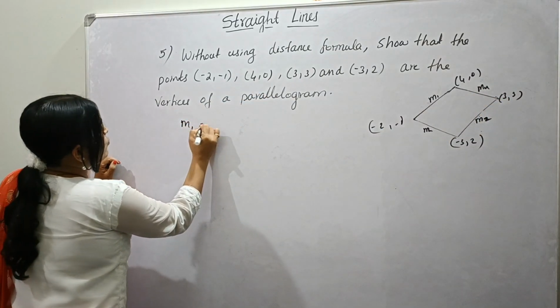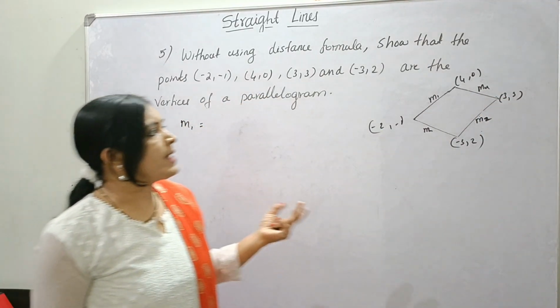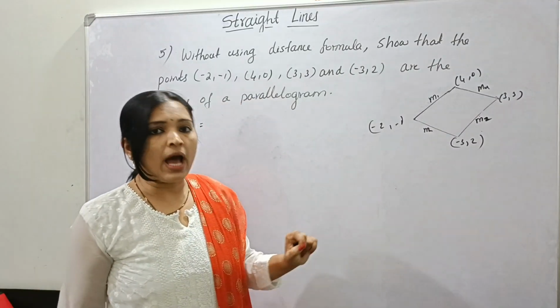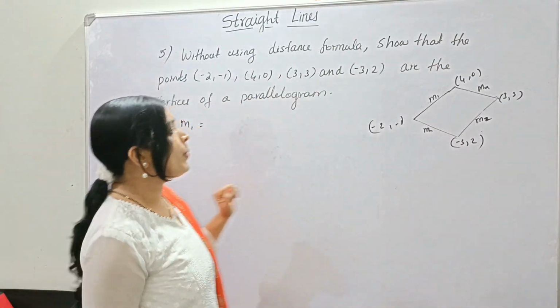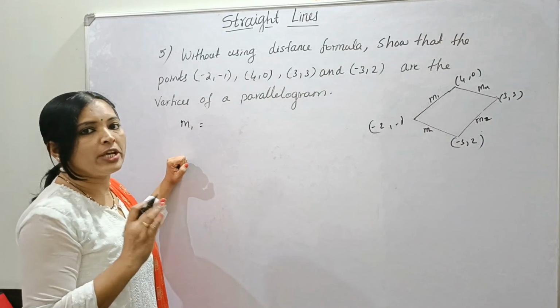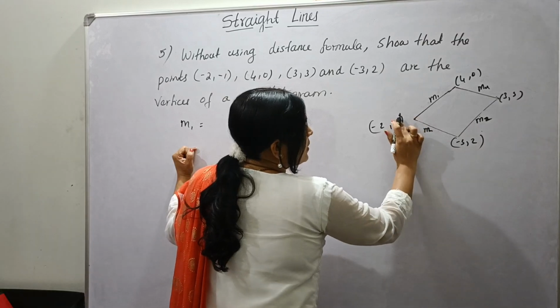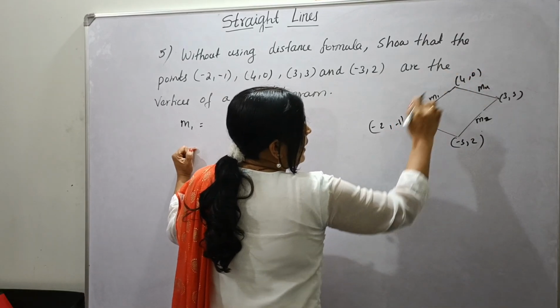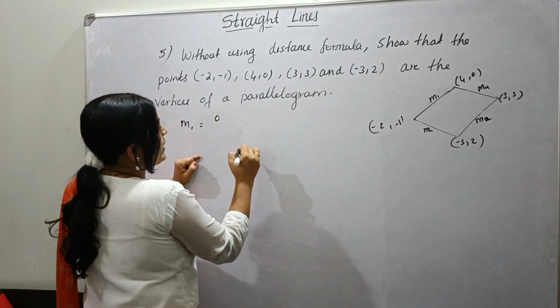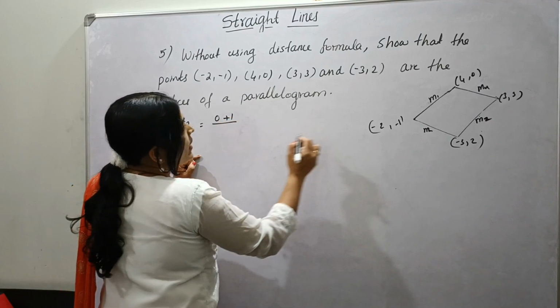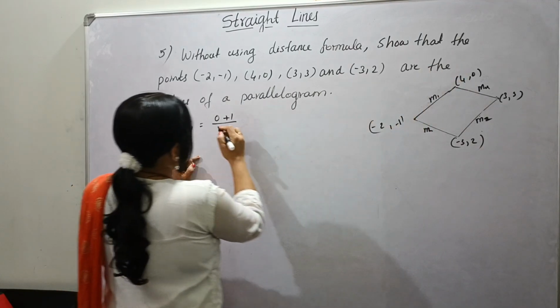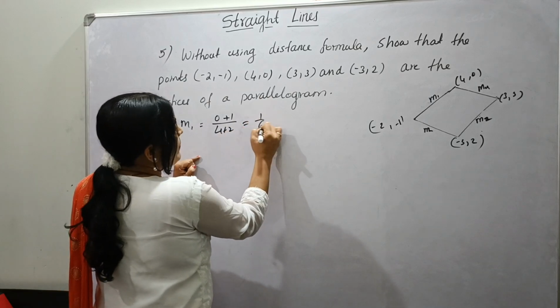So let us find m1. If 2 points on the line are given, then what is the slope? y2 minus y1 divided by x2 minus x1, right? That is 0 minus (-1), 0 plus 1, divided by 4 minus (-2), 4 plus 2, that is 1 by 6.